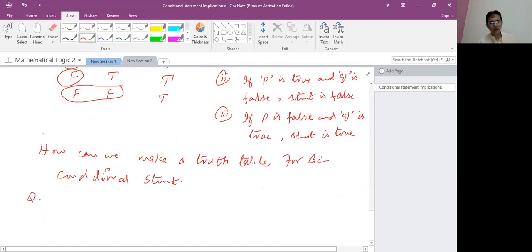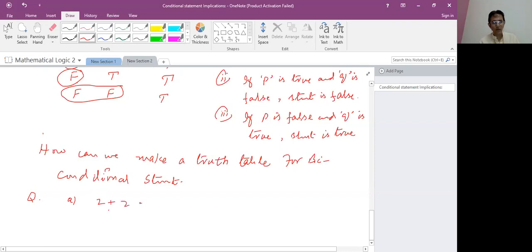First we show here some statements. If you have given the first statement, then we will make biconditional statements with the help of these statements.